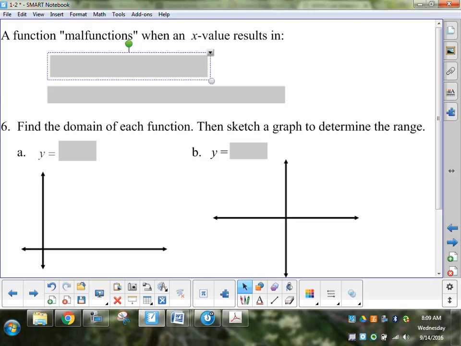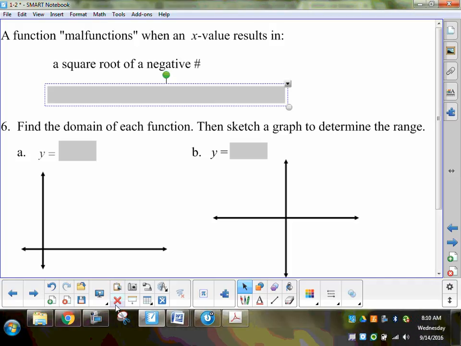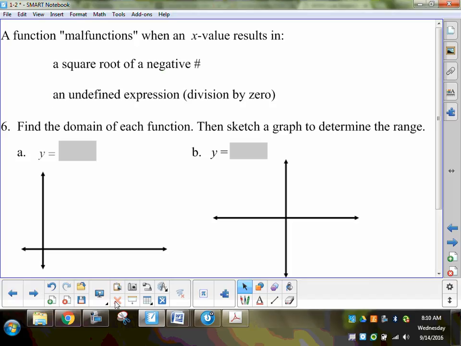A function malfunctions or doesn't yield an output when the x value results in the square root of a negative number, or a negative radicand. So that's one time that we're going to get a function breakdown. You're also going to get one when you're dividing by 0.